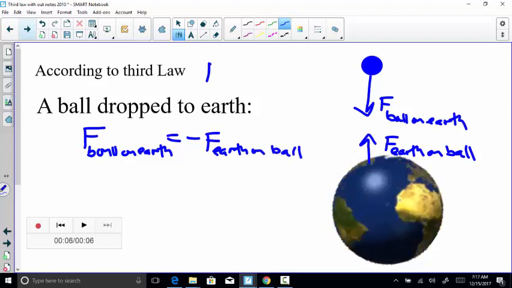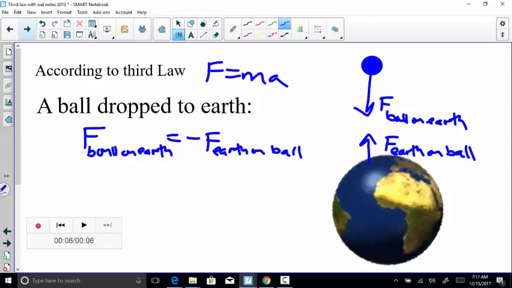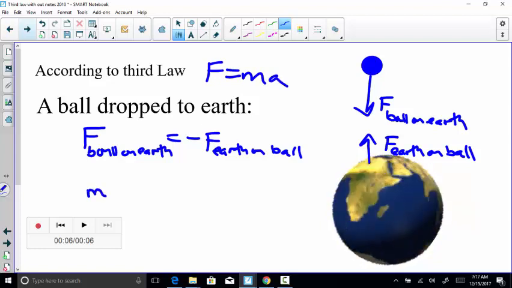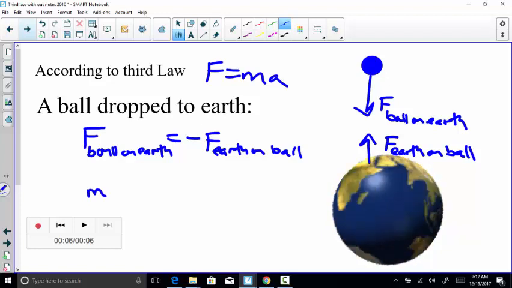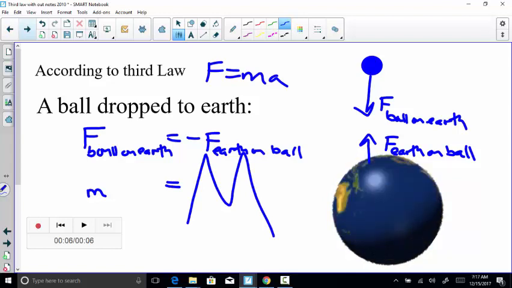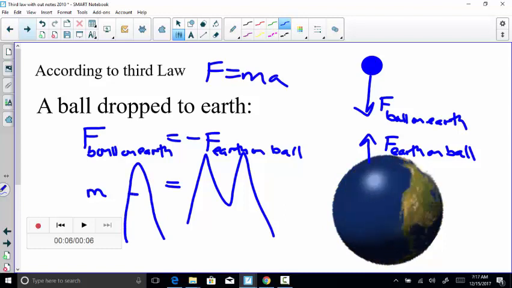Okay, but if we go with F equals ma, the mass of the ball is itty bitty. Okay, the mass of the Earth is huge. So what happens is the acceleration of the ball is huge compared to the acceleration of the Earth. Okay, and that's how they can be equal and opposite.